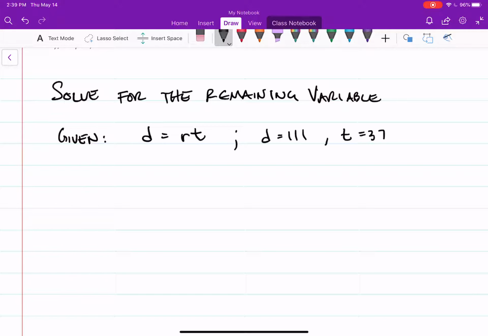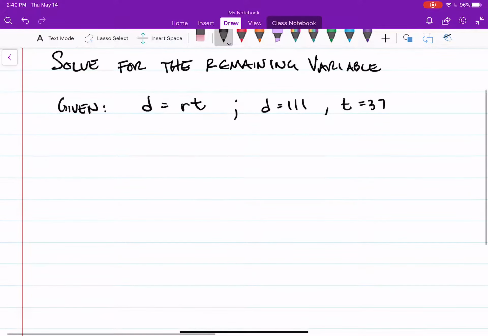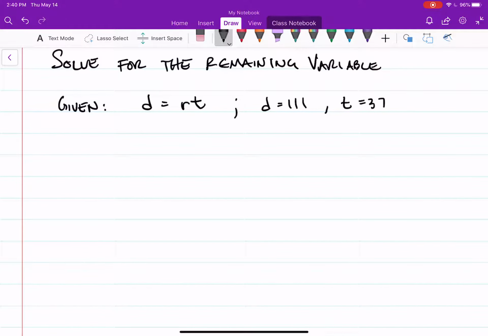So with that being said, what they want you to do is put it in. The way we would solve it is put D in for D, so 111 is equal to, R is not given.